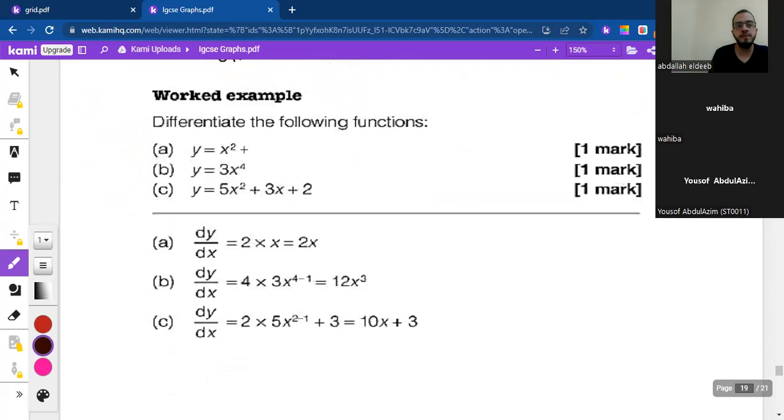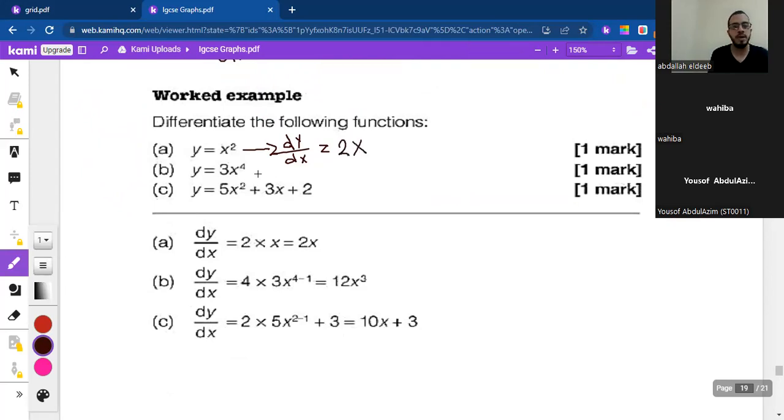Here, dy by dx. x squared will be what? x squared, or 2x? No, 2x, 2 multiply x. 2x.